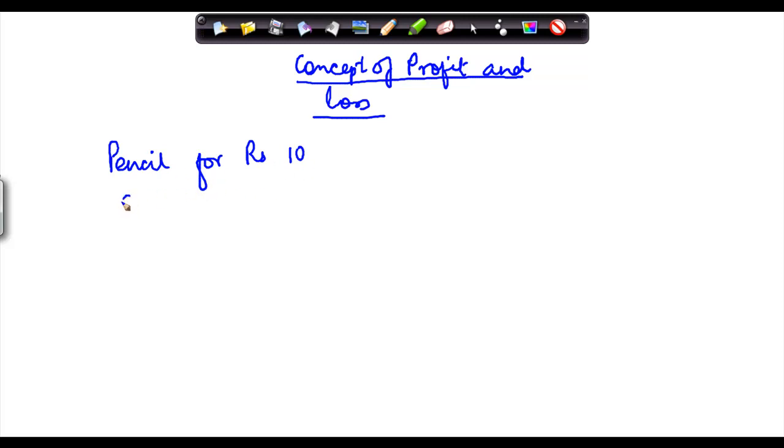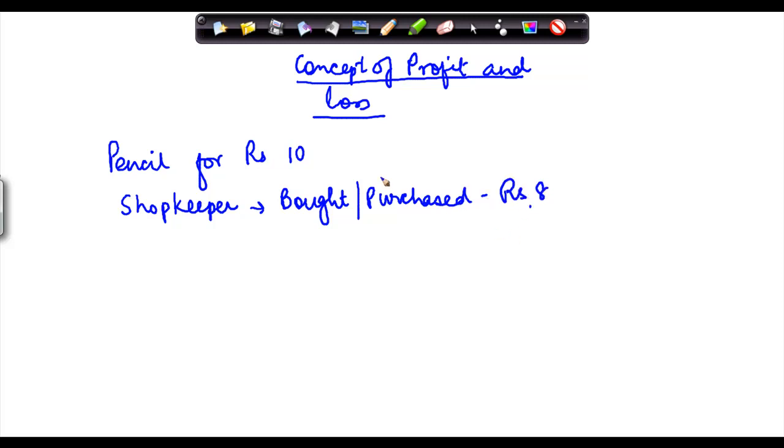Now the shopkeeper who sells it bought that same pencil box, also known as purchased, for say rupees 8. So the shopkeeper bought this pencil box at 8 and sold it for 10.